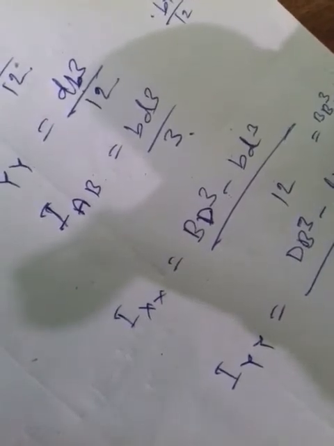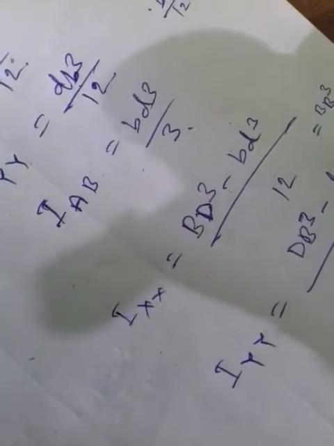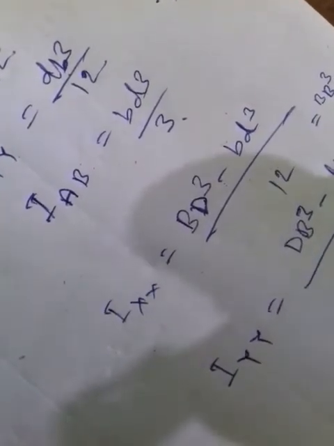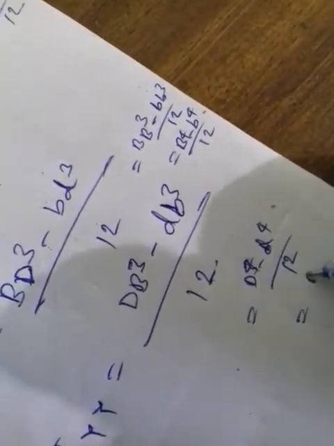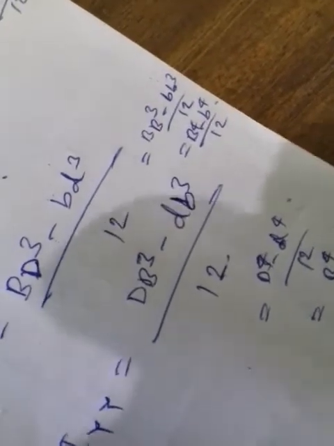This will be B into B cubed minus small b cubed by 12, that is, B to the power 4 minus small b to the power 4 by 12. Similarly Iyy will be the same. So these 4 formulas are discussed.